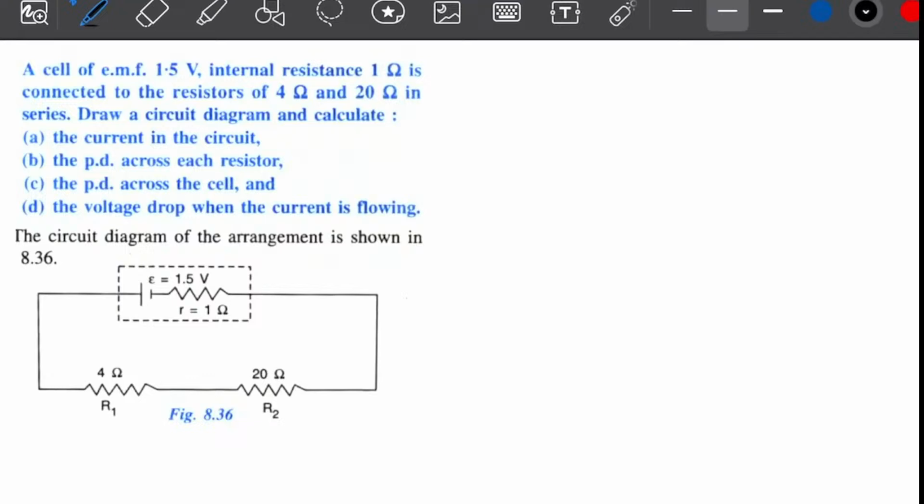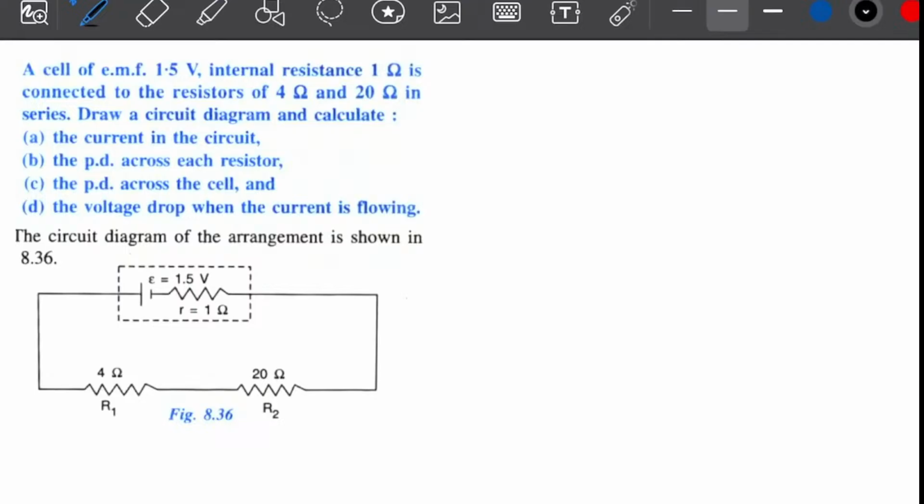There is a cell of EMF 1.5 volts, and we are also given an internal resistance of 1 ohm, which is connected to this. I am assuming you will just read this question, and based on that we'll understand the various concepts related to this.